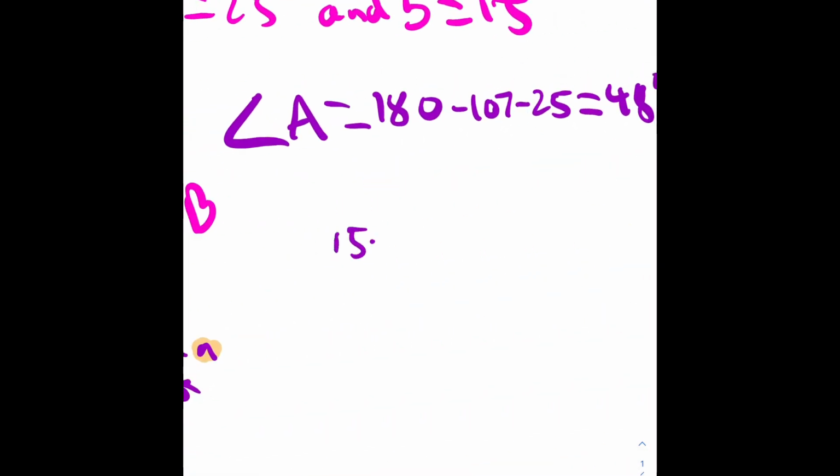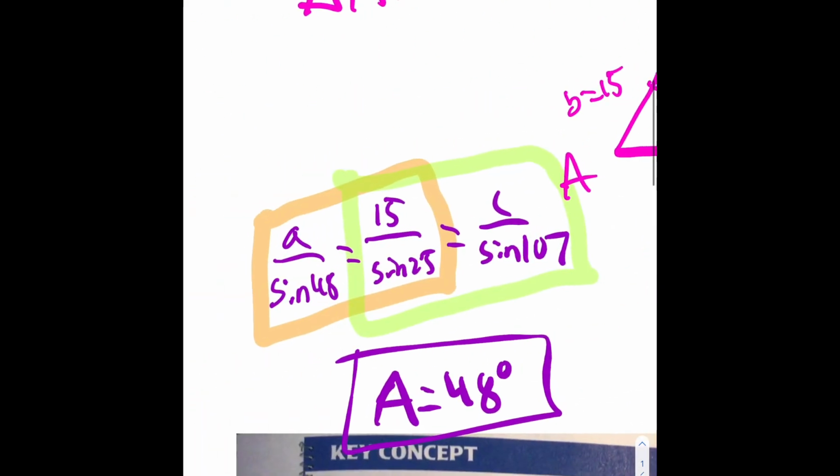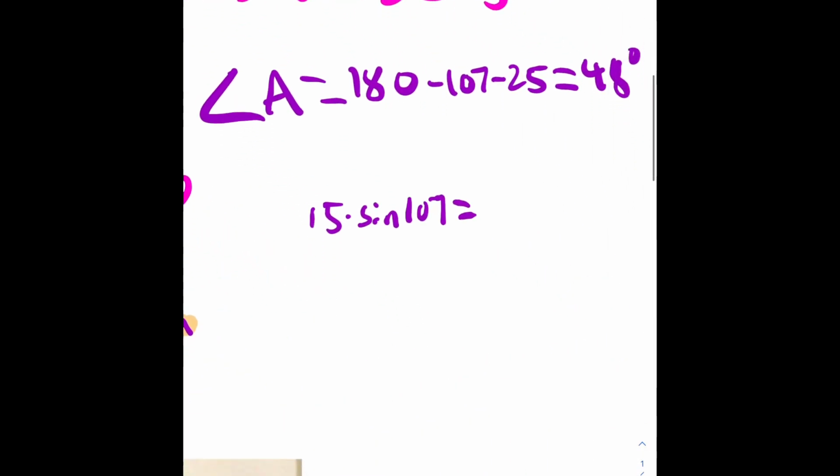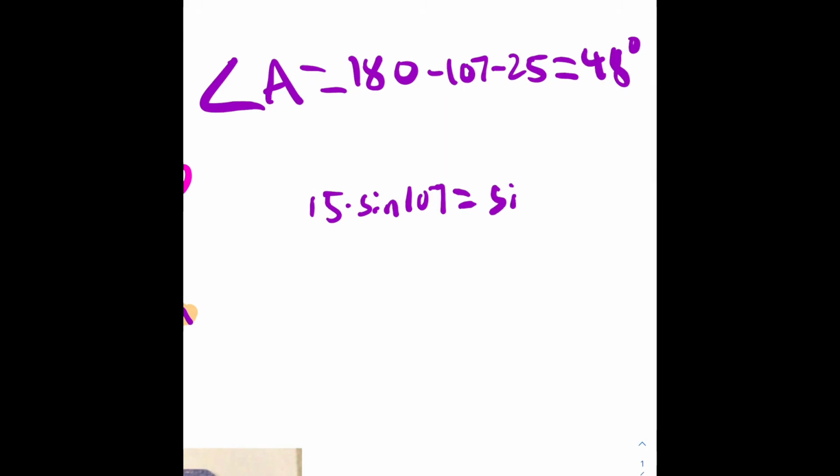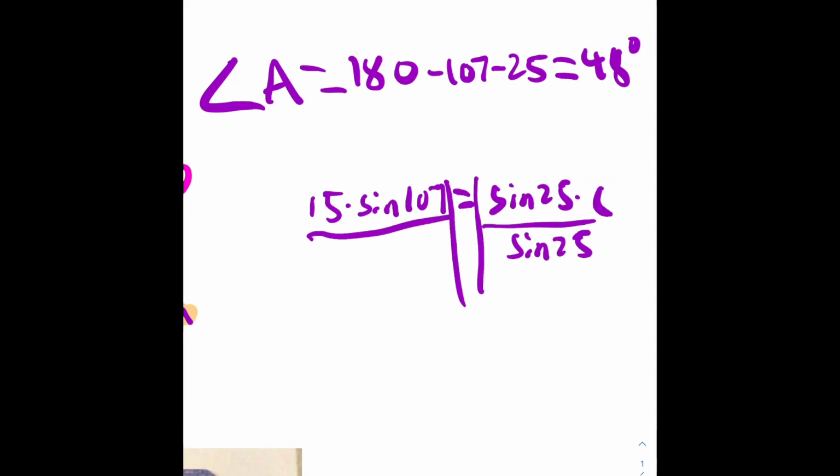Then I'm going to use my second part of the proportion. 15 times sine 107 equals sine 25 times C, which, if you need to get it by itself, you're going to divide by sine 25.